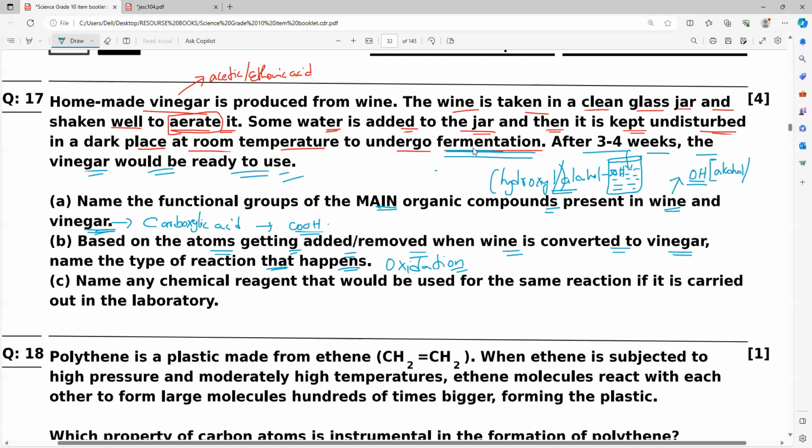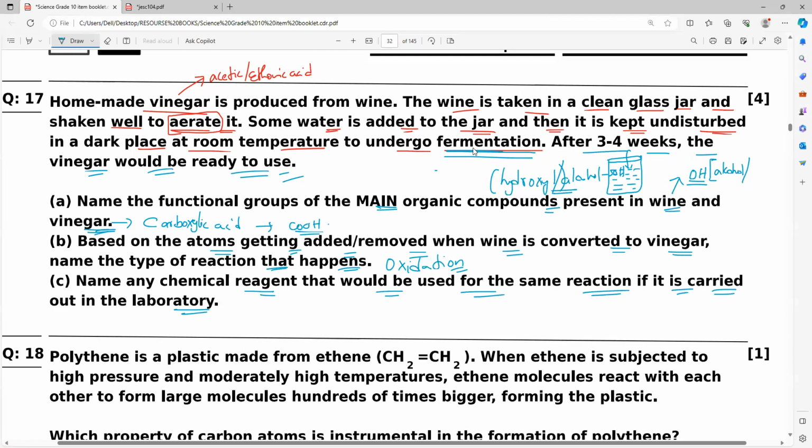Next. Name any chemical reagent that would be used for the same reaction if it is carried out in the laboratory. Just remember converting alcohol to acid.